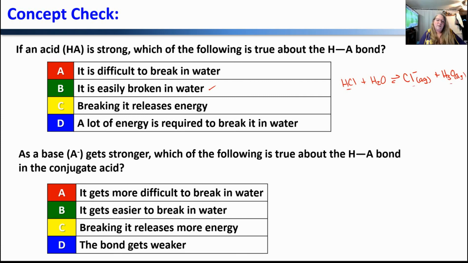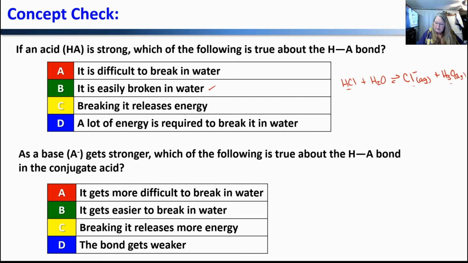Let's try that again with a base. So if my base gets stronger, in other words, something that is going to accept a proton easily, as that gets stronger, what do you think is true about the bond it makes on the other side? So let's think about that.